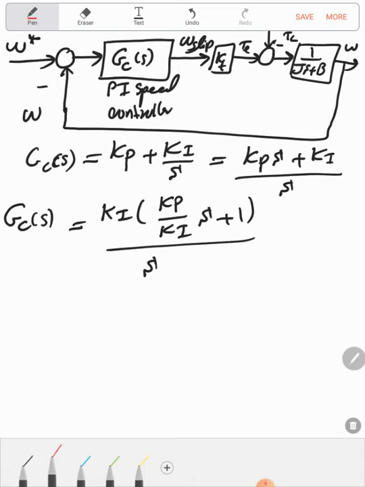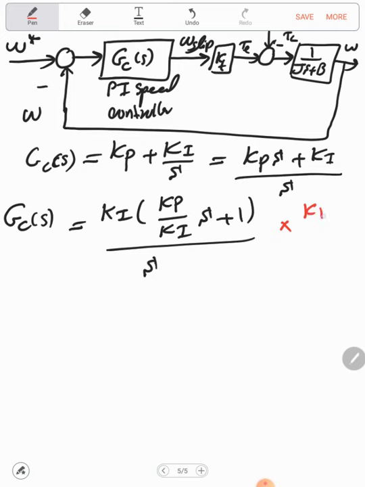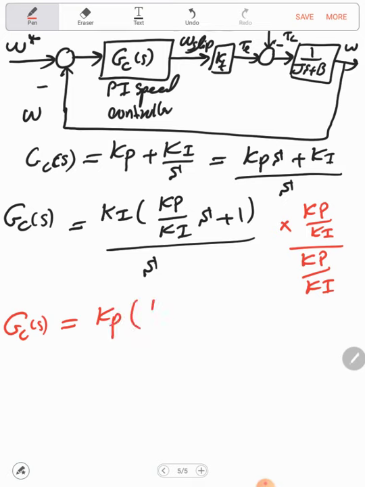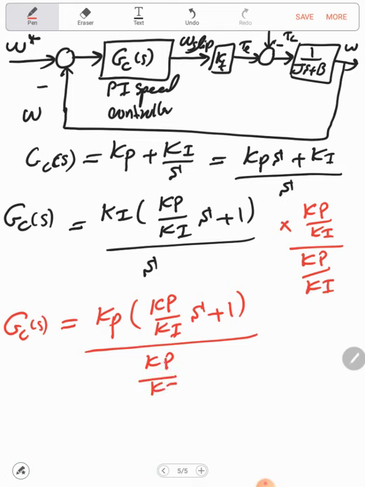Now, if we multiply here by Kp over Ki, and here Kp over Ki, we'll end up with Gc of s equal to Kp times (Kp over Ki) s plus 1 over (Kp over Ki) s.